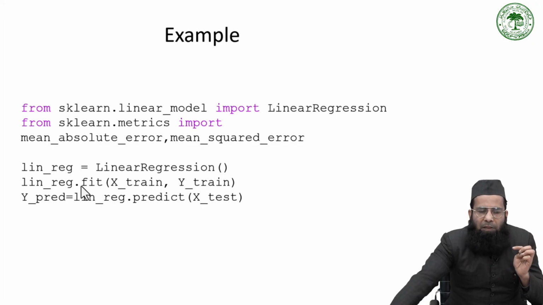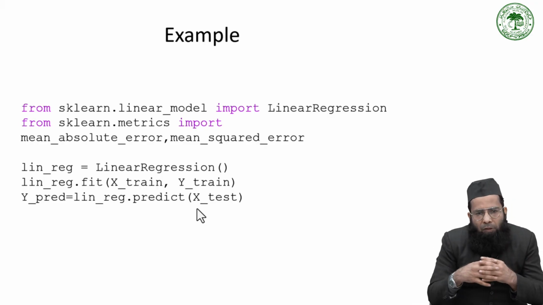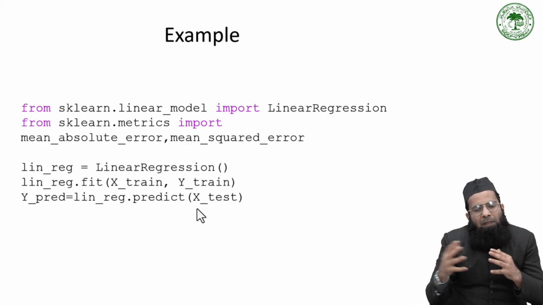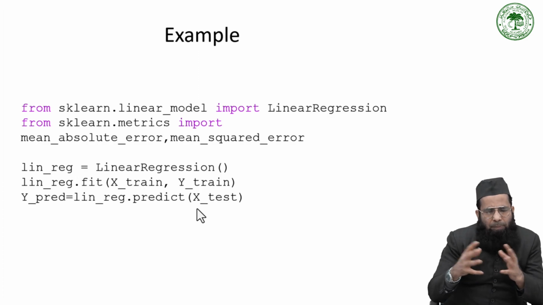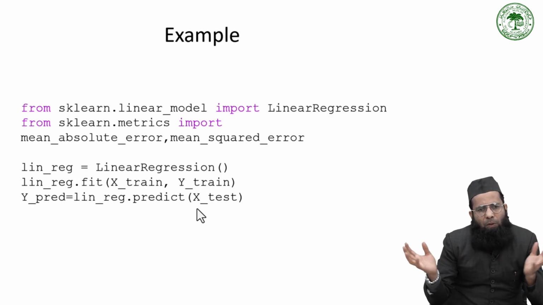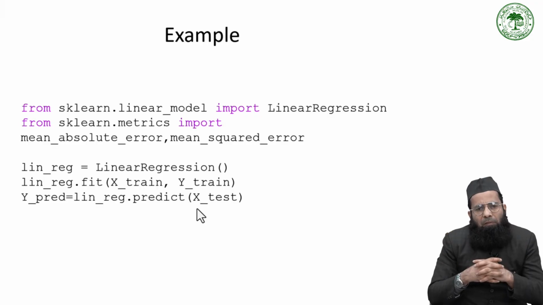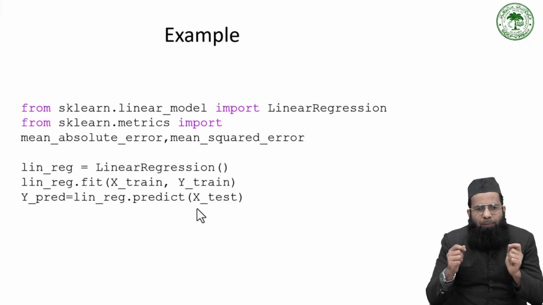I am trying to fit my linear regression model, and then after that I am predicting the value of my testing data set. So in this way, it's a very simple program. Later on, we'll discuss a full-fledged data science-based problem utilizing these advanced libraries.